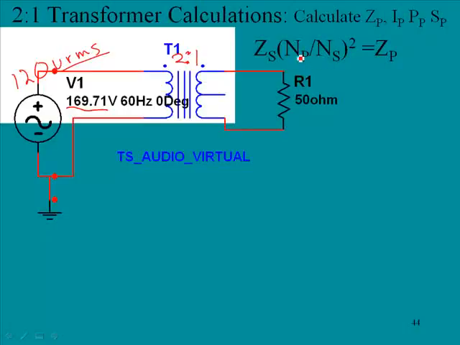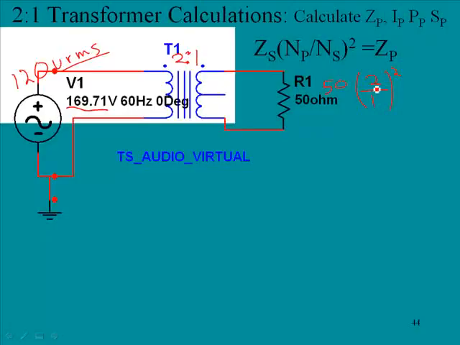We start out with the turns ratio between the primary and the secondary, which is 2-to-1. We're going to square that, and then take it times the impedance of the secondary. In this case, this is 50 ohms.